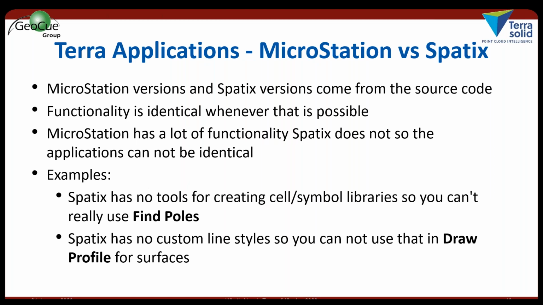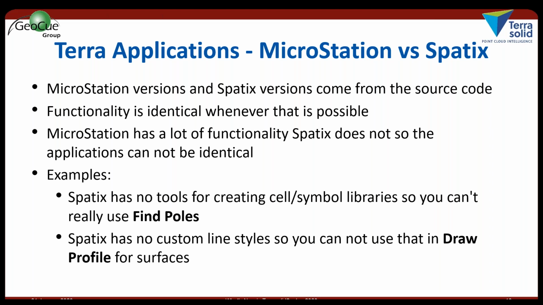Like I said, they do come from the same source code. The functionality will be pretty much identical, but there's going to be some limitations. For instance, Spadex doesn't do anything with cell libraries. So something like the find poles utility, which uses the libraries for placing vector elements on the features, so the example feature is poles, Spadex doesn't have that capability.